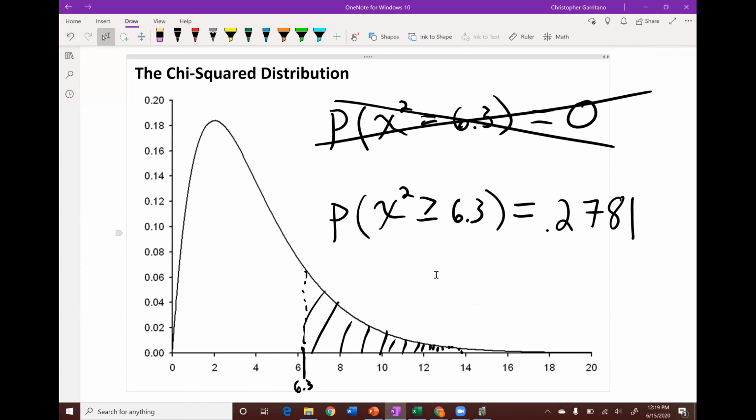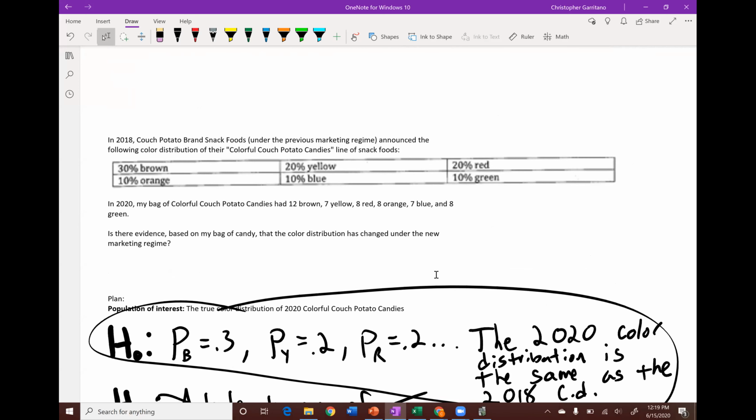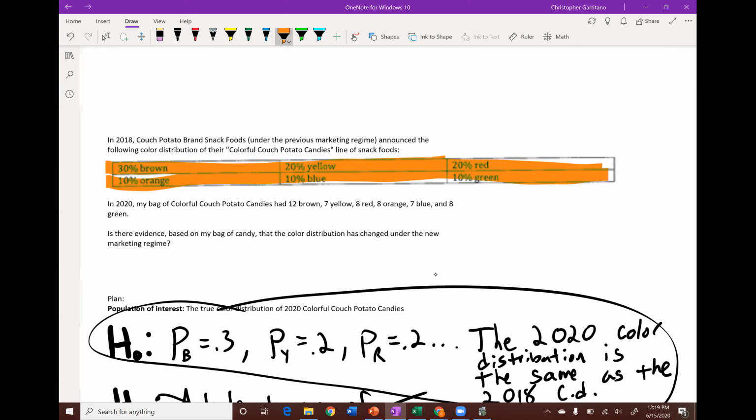So the summary though, when do we use a chi-squared goodness of fit test? Think about what we were given. Two important pieces of information. We were given a population distribution. So the 2018 population distribution of this categorical variable.